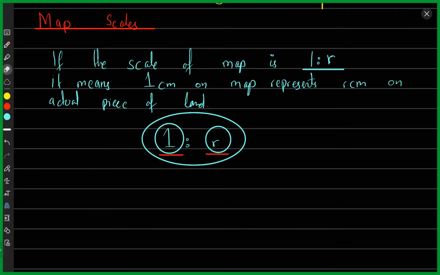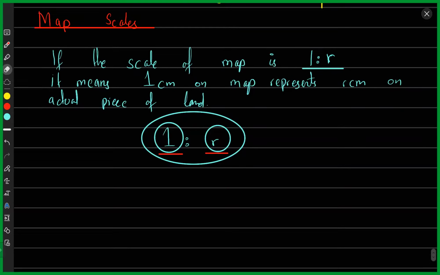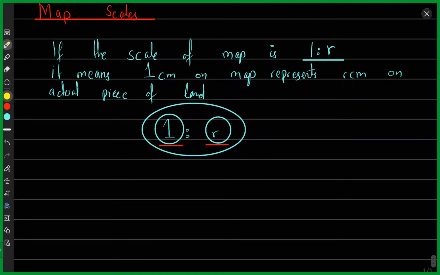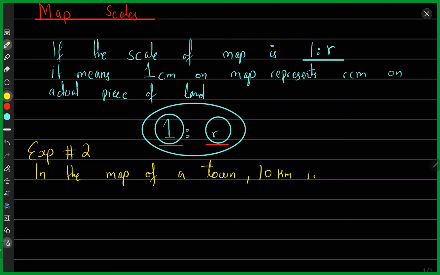Let me talk about an example and then you guys would get a good understanding of it. So this is example number 2, and again it's coming from ratios. In the map of a town, 10 kilometers is represented by 5 centimeters.